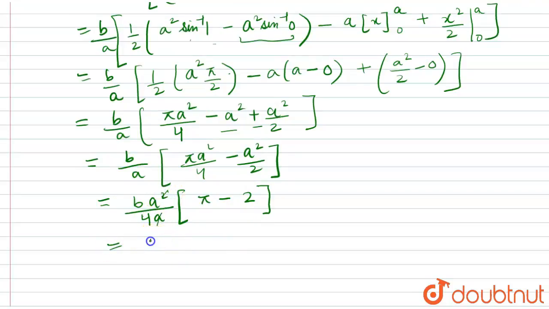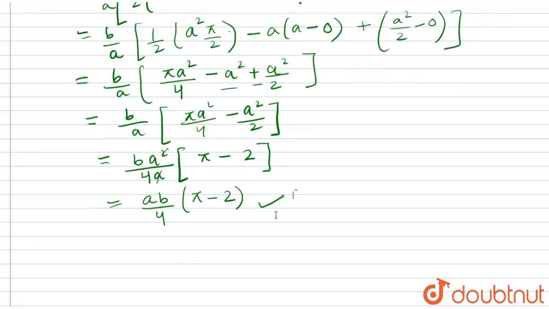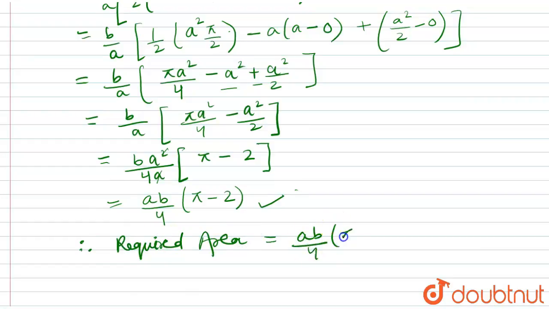So we can say ab upon 4, and in the bracket we are left with pi minus 2. So this is our final answer, students. You can write here at the end that therefore the required area is equal to ab by 4 times pi minus 2 square units.